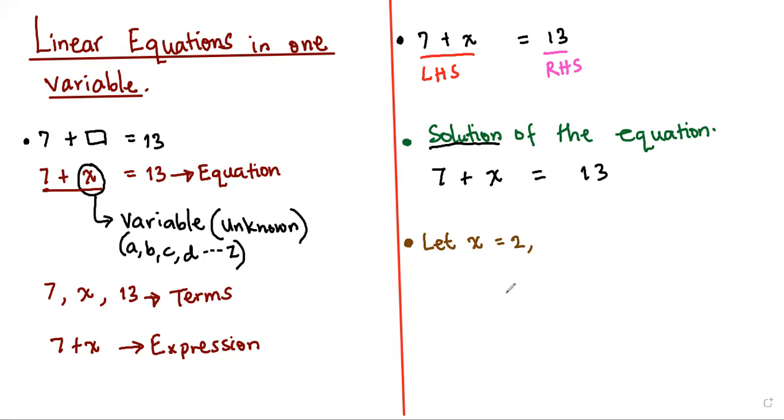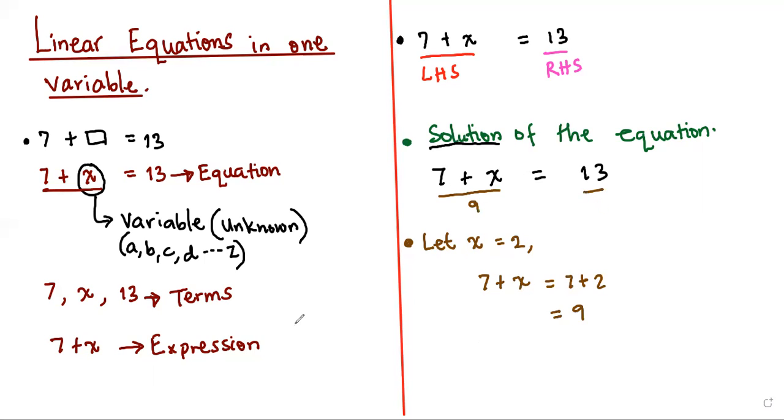If I have 7 plus x, which is 2, now 7 plus 2, I will get 9. So you see that the left-hand side, which is now 9, is not equal to the right-hand side, which is 13.